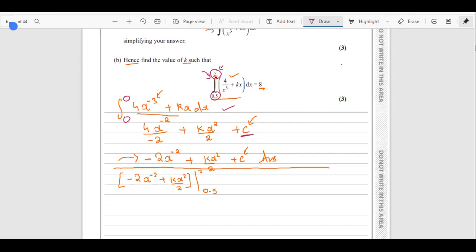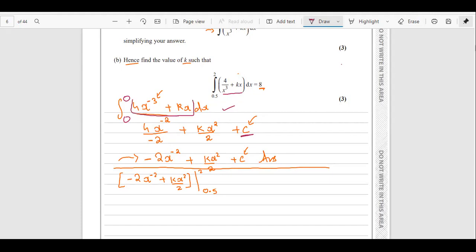Everything is the same. Like the first step, if you had this question only, the first step is to integrate the internal function the way we did in the first part, right? So we have this expression, and we have to integrate it first.